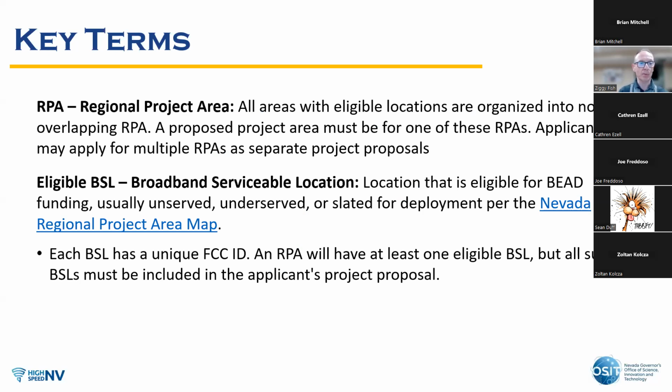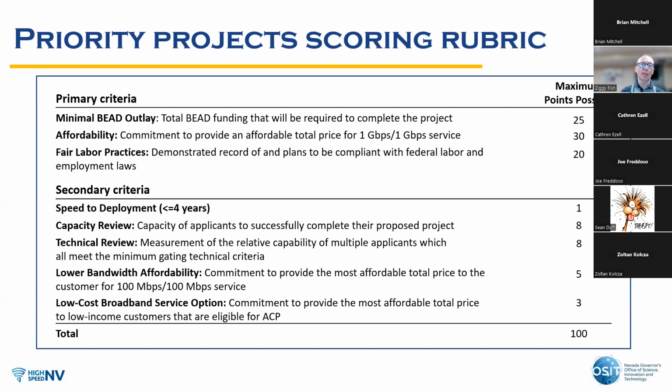Each one is a separate proposal, and you can see the area map, and there's a link to it, so you know what it is you're bidding on. And just as a reminder, scoring is by project, and each project is separate. So if you have multiple projects, each one will be scored separately. And of course, there are some questions that are common to multiple project applications.